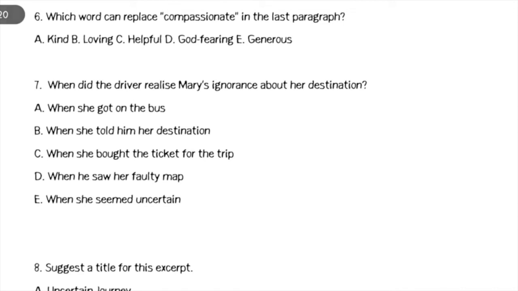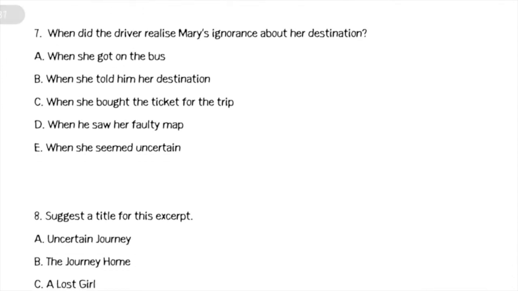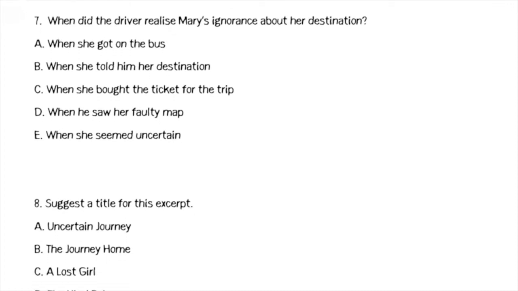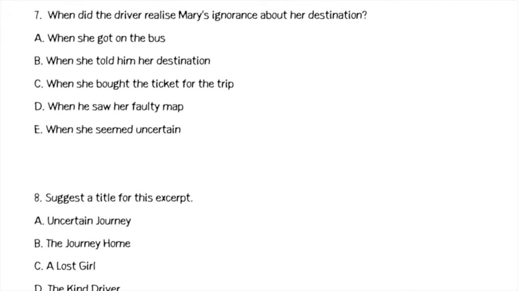She told him her destination and she seemed uncertain. But the driver couldn't see the uncertainty on her face. He could only tell that she didn't know where she was going because of what she said to him. So the answer is obviously B, when she told him her destination. Remember, she told him a place that wasn't in existence. So that's how he knew that Mary was not aware of where she was going.